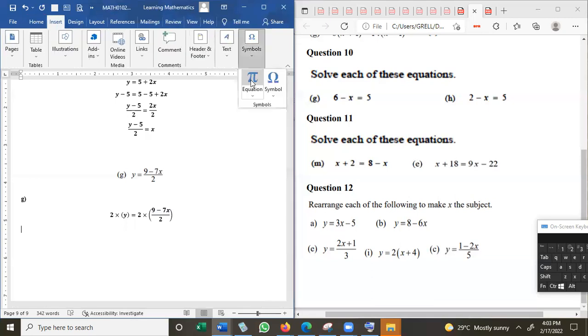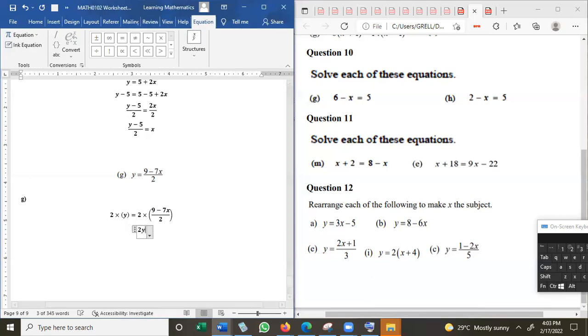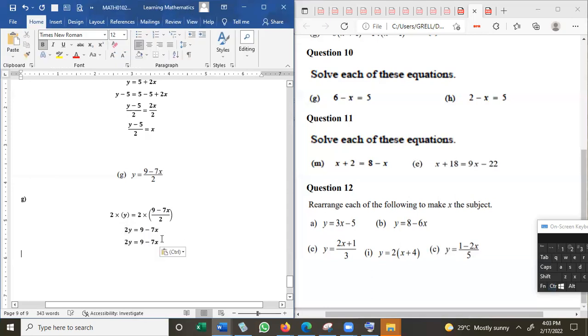And then what we're going to have now on the left is 2y, and on the right we're going to have 9 minus 7x. Now our x is negative, a negative 7x. We want to ensure that we deal with that negative 7x by adding it one time.